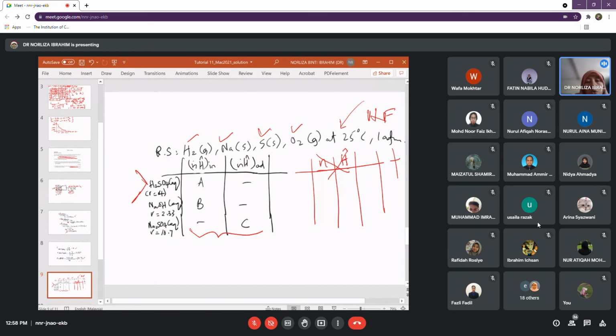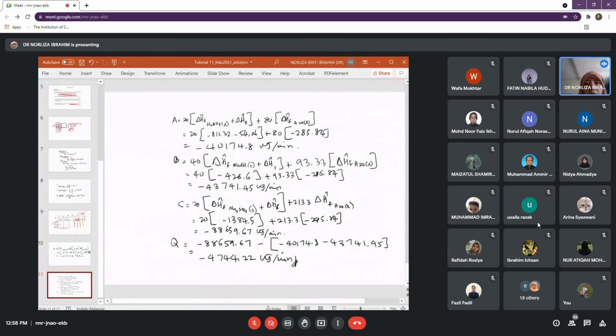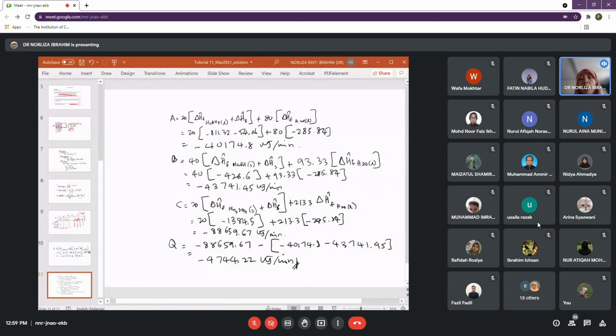So we go to the heat of the H2SO4 first for the A. Because now you need to form the compound, you need to form the H2SO4 liquid, the pure solute, and also you need to form the water.